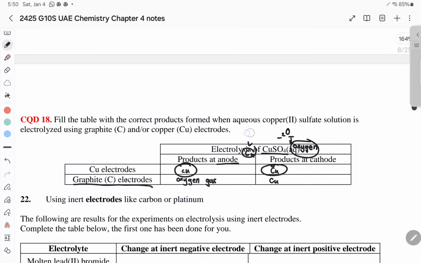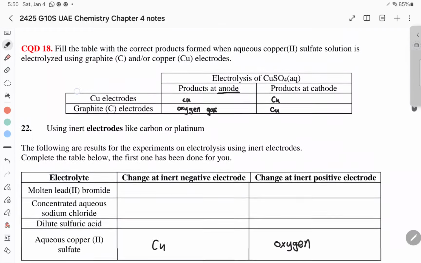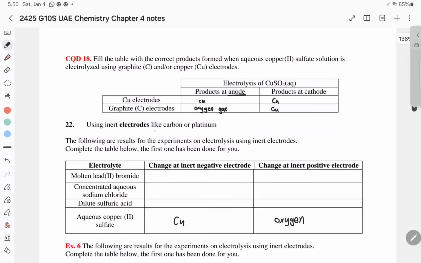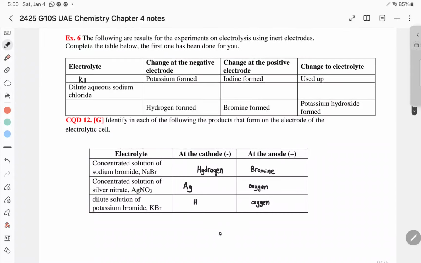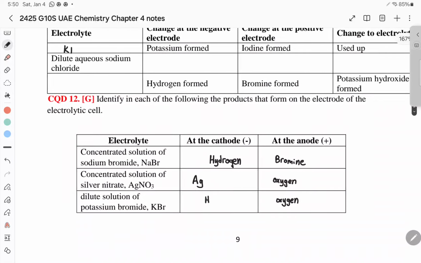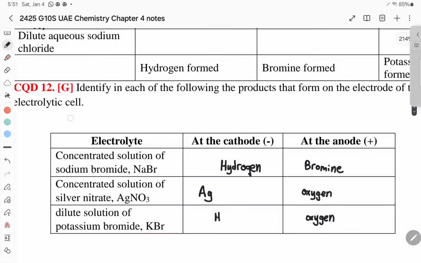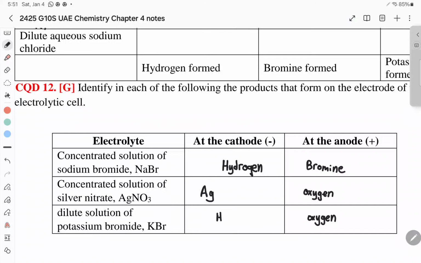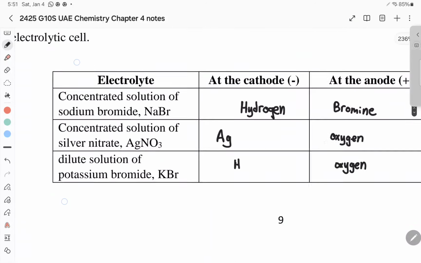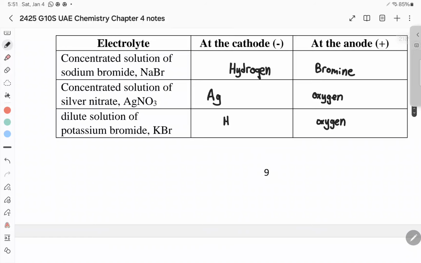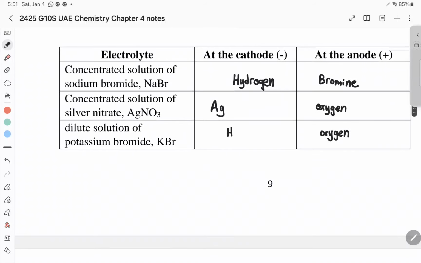Now, moving on. Using inert electrodes like carbon or platinum is better, because it gives you more accurate results. Here they're asking us which of the following products will form on the electrodes of the cells. So you have a concentrated solution of NaBr plus H2O.